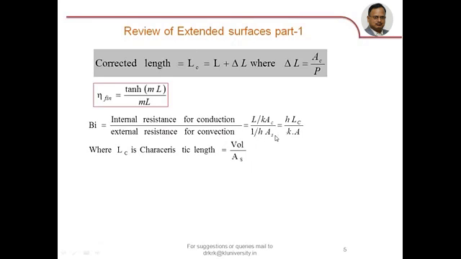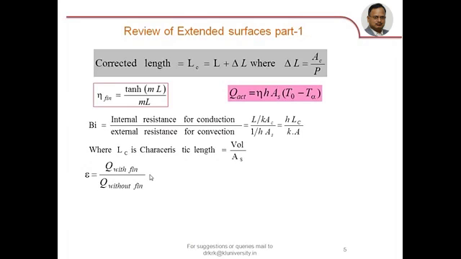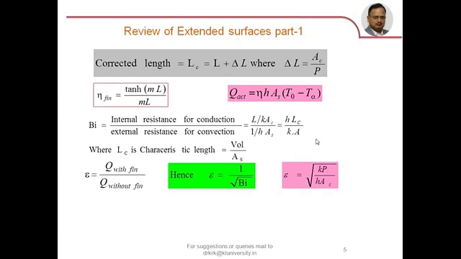So (L by Ka) by (1 by hA). But A here is the cross-sectional area and this area is the surface area, and hence what we will do is we define Lc as the characteristic length, and hence you will get Biot number equal to h Lc by k or hL by k.